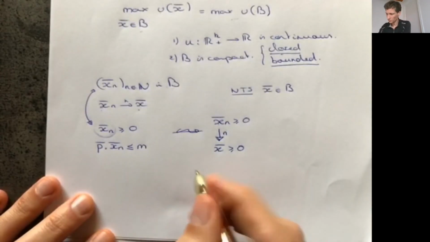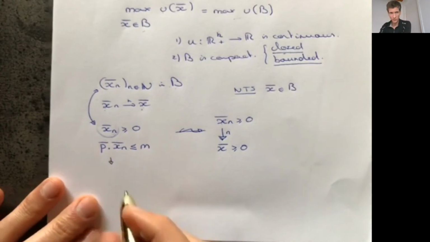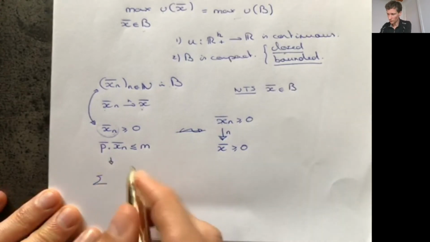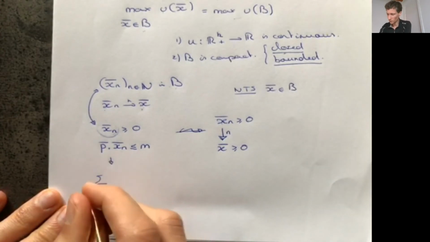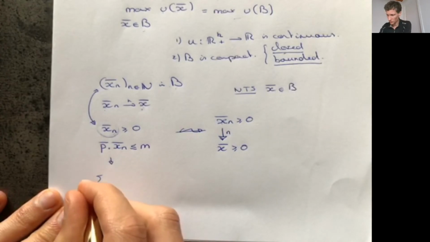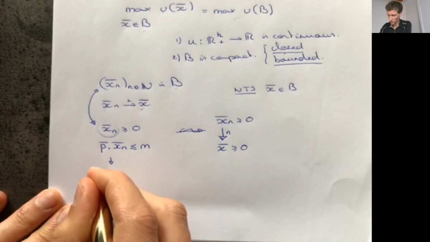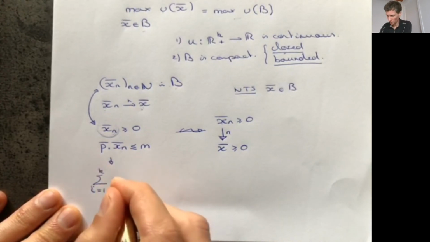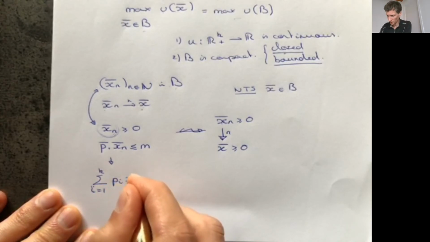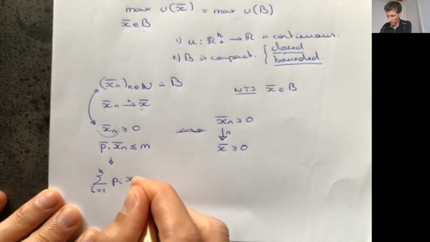Okay. Then here, one way you can see that this will hold for the limiting bundle x is the following. So we have the sum from i=1 up to k of p_i x_i^n, right?